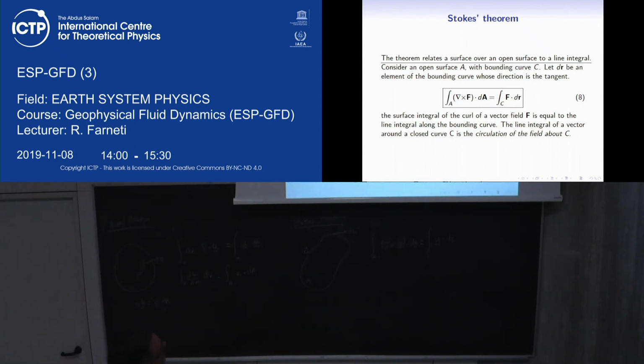And the line integral of a vector around the closed curve C is called the circulation about C.